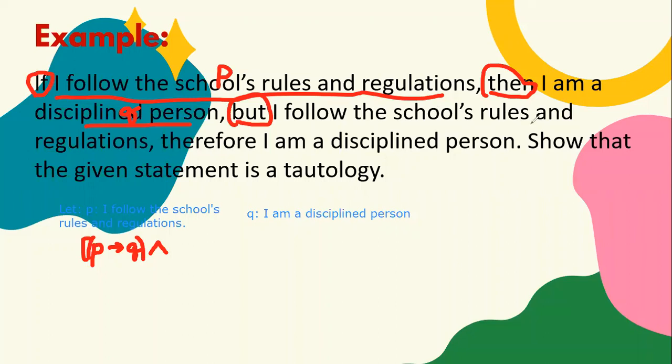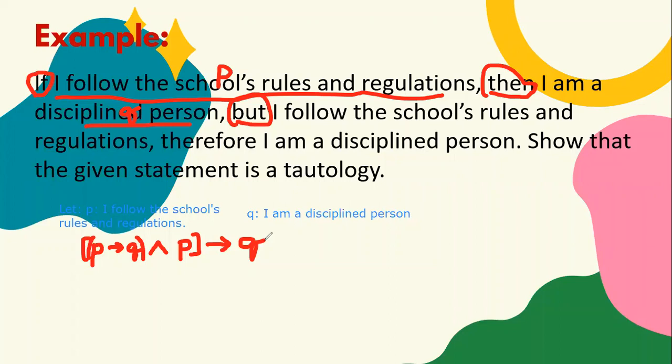I follow the school's rules and regulations. So that is what proposition? P. Yan. Therefore, ano pag therefore? It's the same as the if-then statement din natin. Therefore, I am a disciplined person. Yan. Ayan po yung symbol ng operations natin for the propositions.